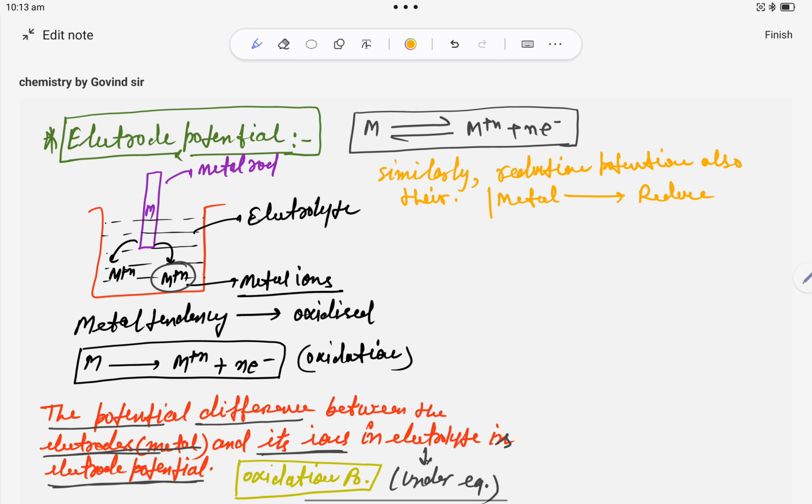If the metal tendency is to reduce, then it will be reduction potential. How?